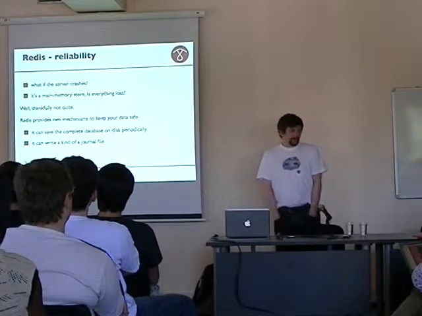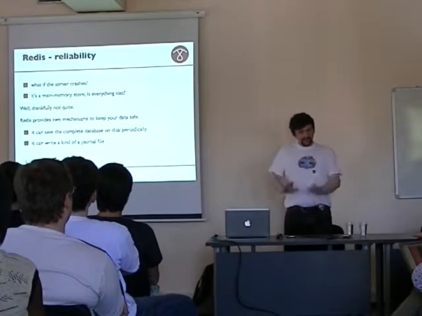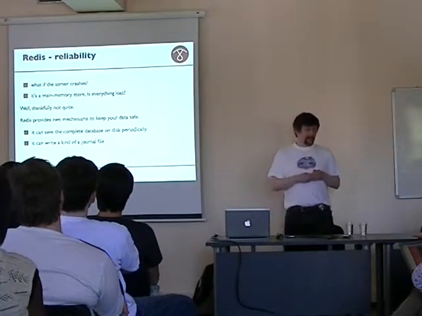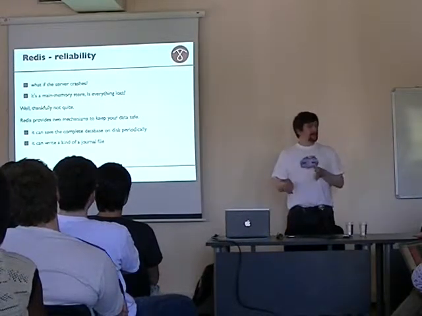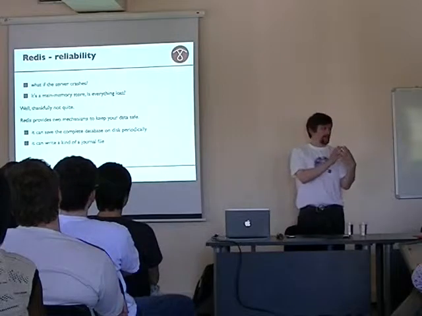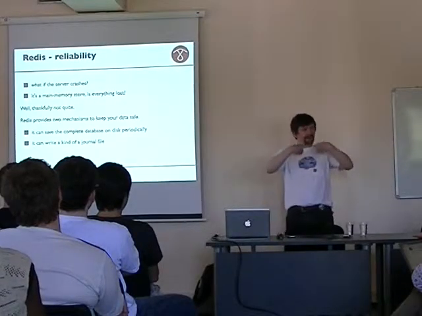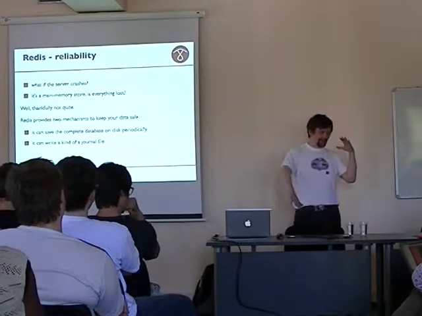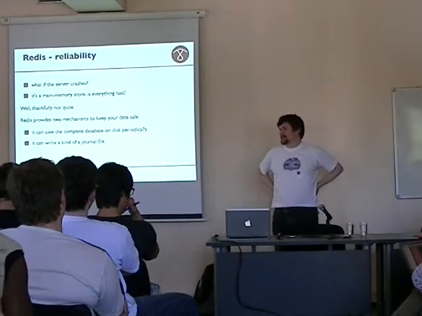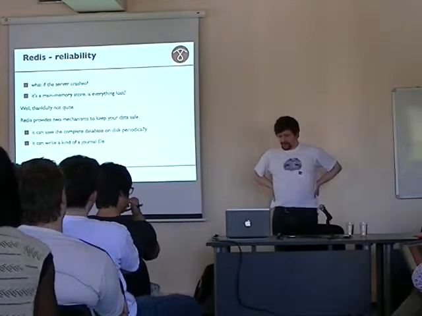It could periodically dump the complete database state on disk, and it does it smartly. It does a fork and then dump, so the operations are not quite affected. You would still continue talking to it. Of course, the disk snapshot will become a little bit obsolete, but that's one way to do it.